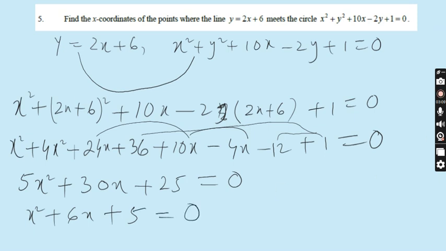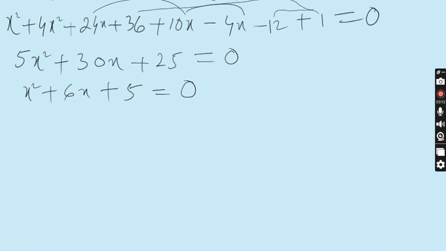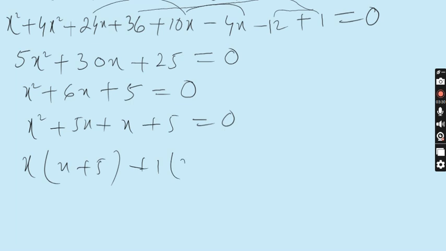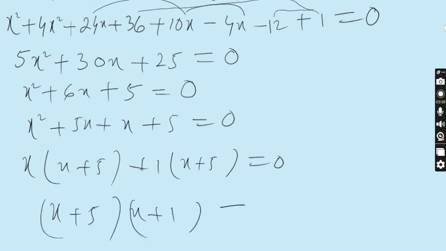This equation can easily be solved by using the middle term break method. x squared plus 5x plus x plus 5 equals 0. x plus 5 plus 1 (x plus 5) equals 0. (x plus 5)(x plus 1) equals 0. This implies that the value of x is minus 5 and minus 1. This is our final answer.